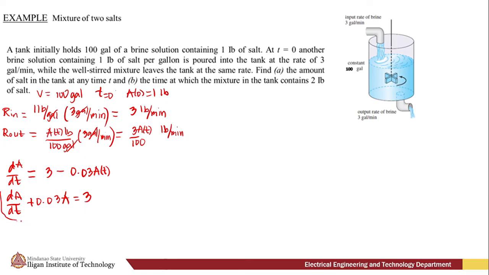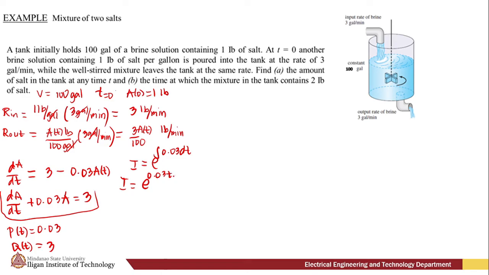So this one is our linear differential equation. We have P of t, which is 0.03, and Q of t, which is 3. Applying the method for linear differential equation, our integrating factor is e raised to the integral of P of t, which is 0.03 dt. So our I now is equal to e raised to 0.03 t.